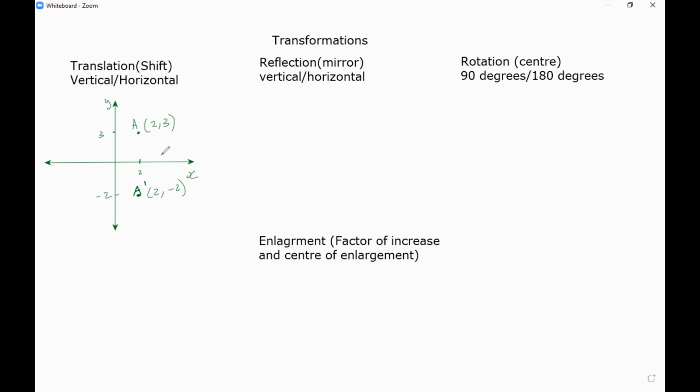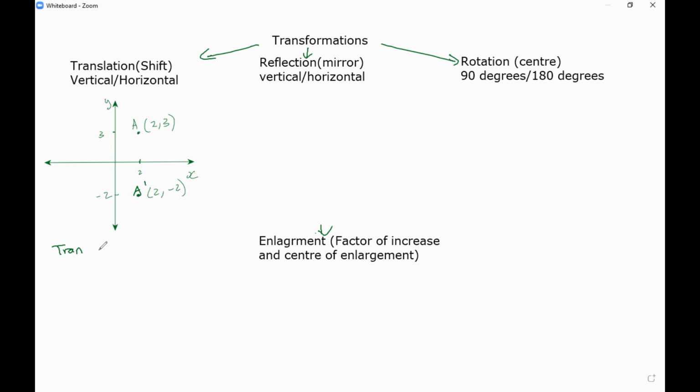Okay. What have I done now? I've done a vertical transformation or translation. These are all transformations, remember, and that one as well. And this is called a translation. So what have I done over here?